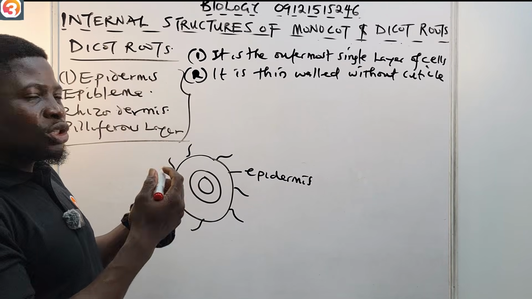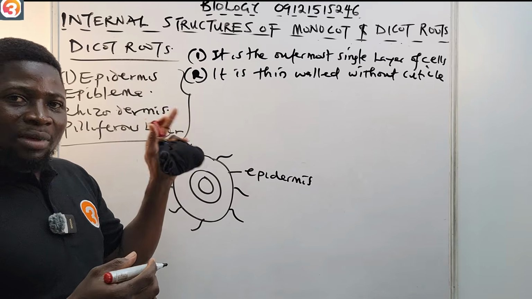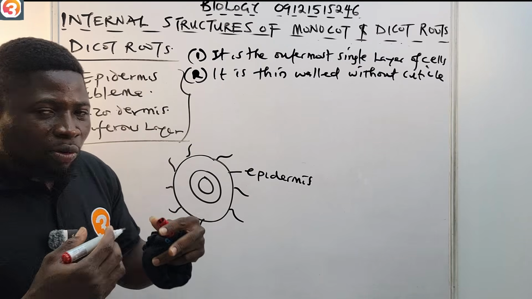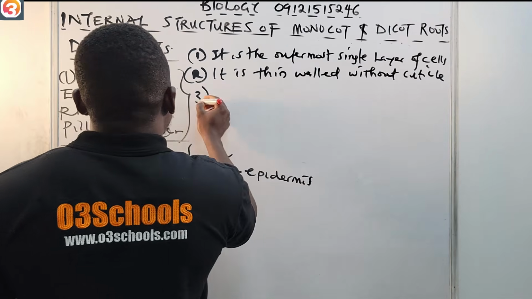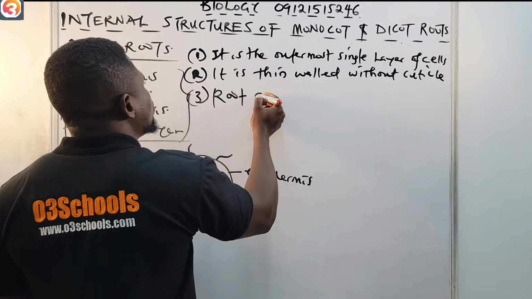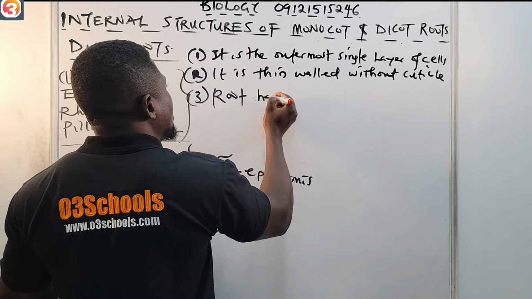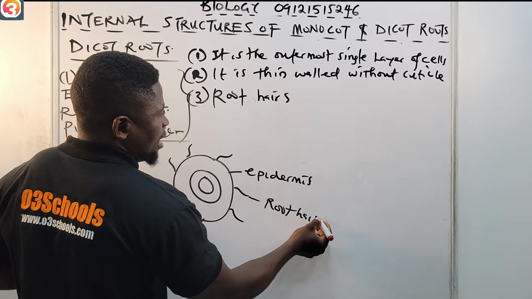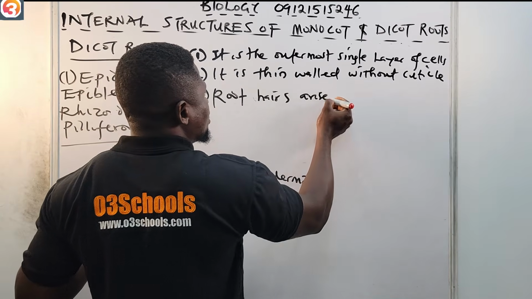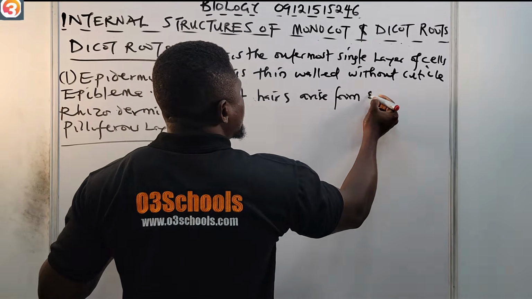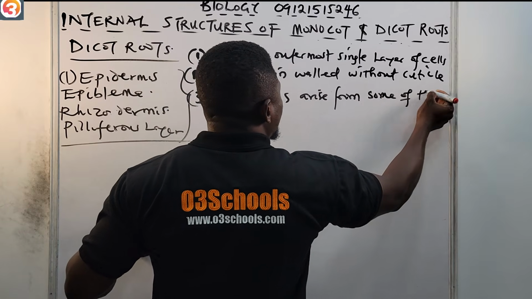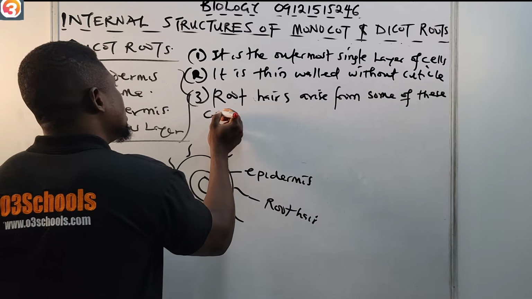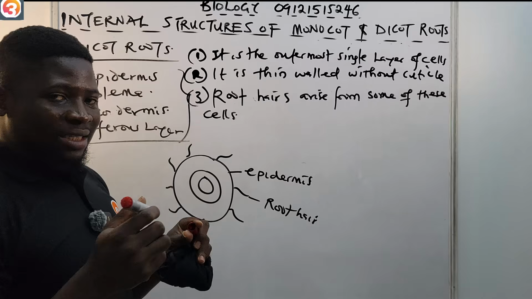Some of these root hairs come from this epidermis cell. So root hairs arise from some of these cells. Please take note of that.